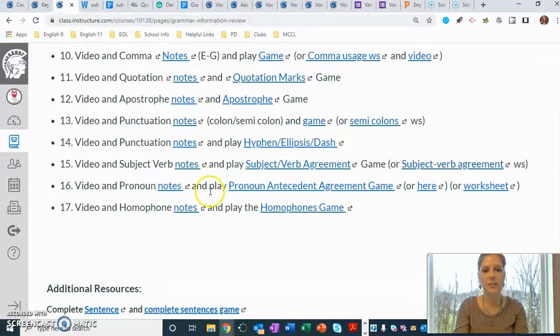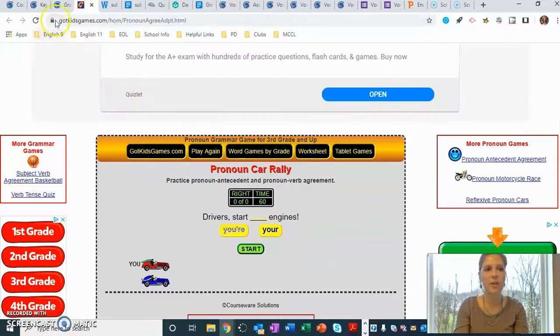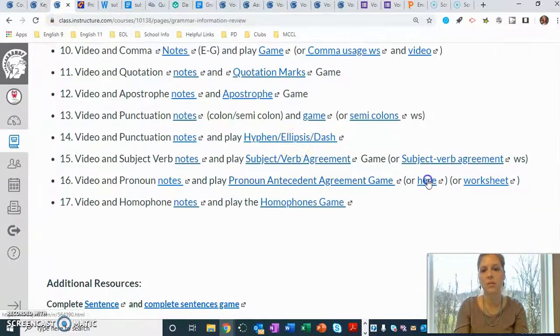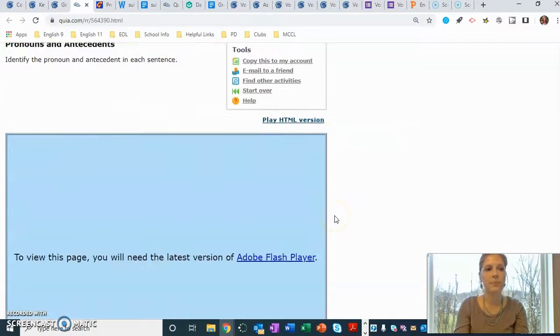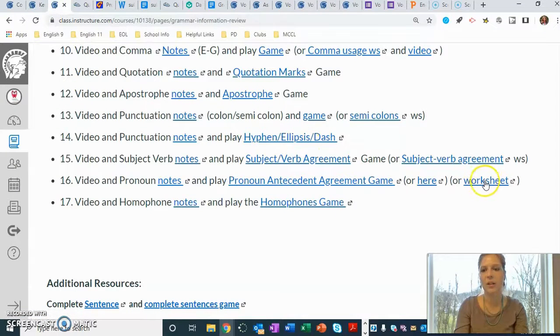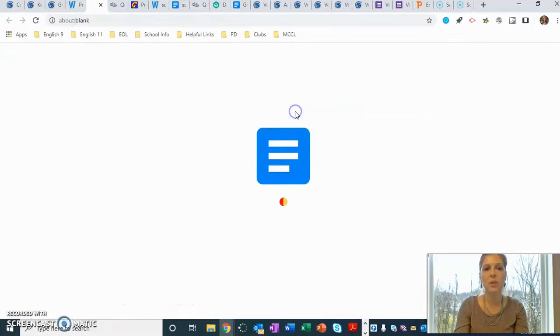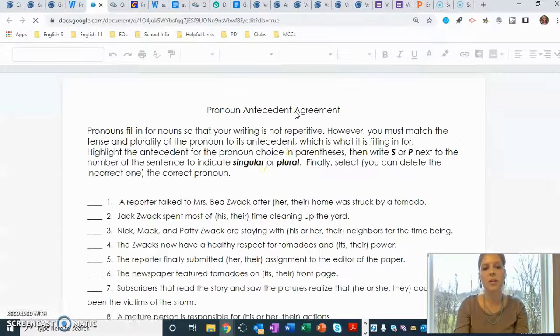To practice, you can play one of these two games. I have car rally race, or the rags to riches game that I like. Or I do have a worksheet for this one. So you open it with Google Docs. Fill it out.